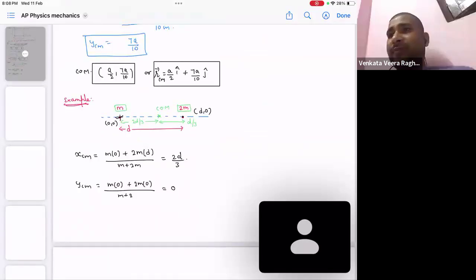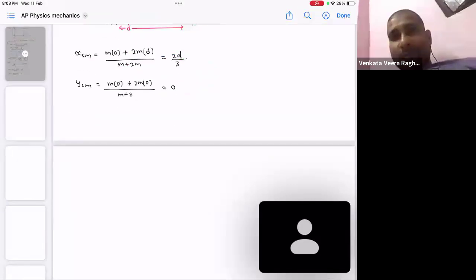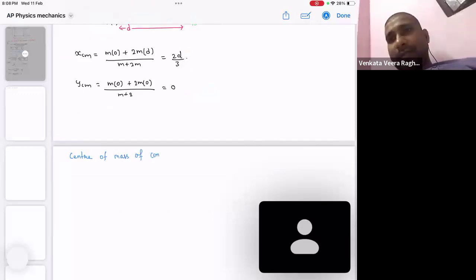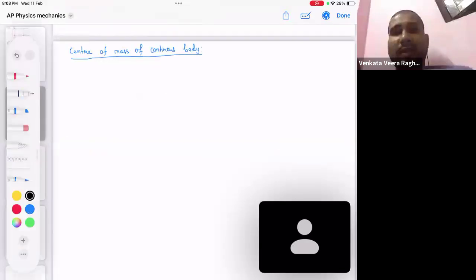Let's see. The center of mass of a continuous body: there is a continuous body and we want to calculate its center of mass. The first example we are going to take is a uniform rod.